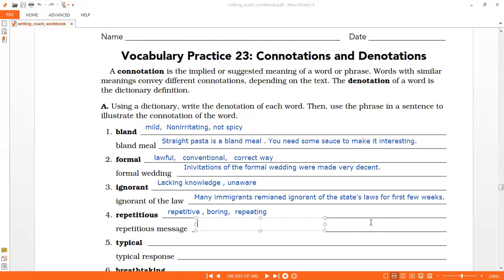So I can say I receive repetitious messages from the network company. I think I receive is better because it's more formal.